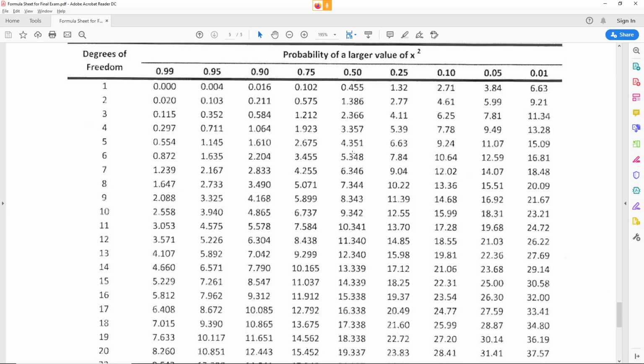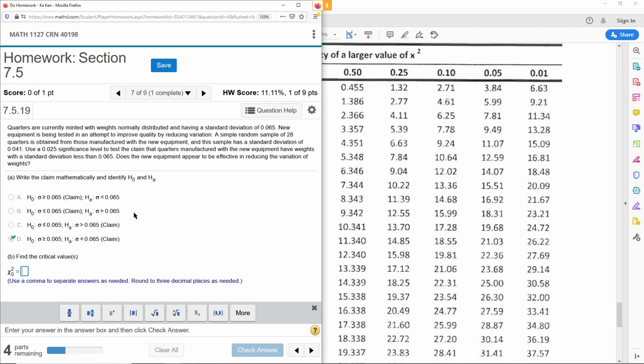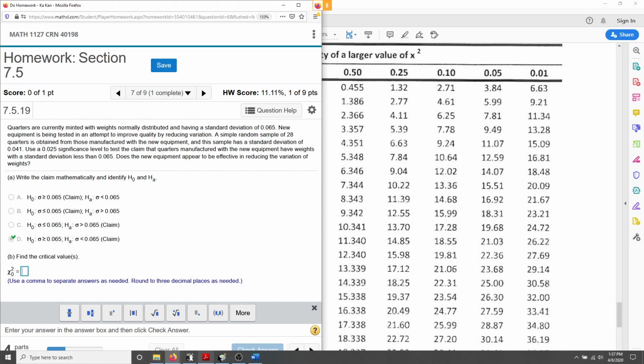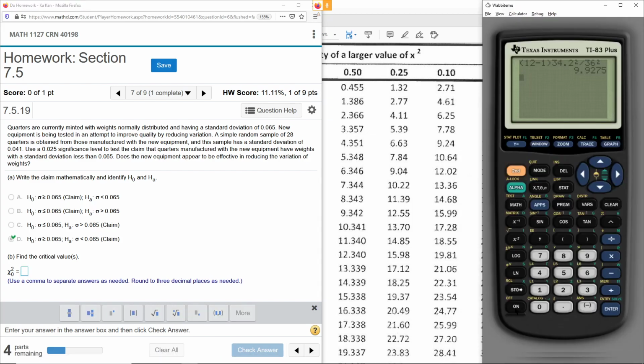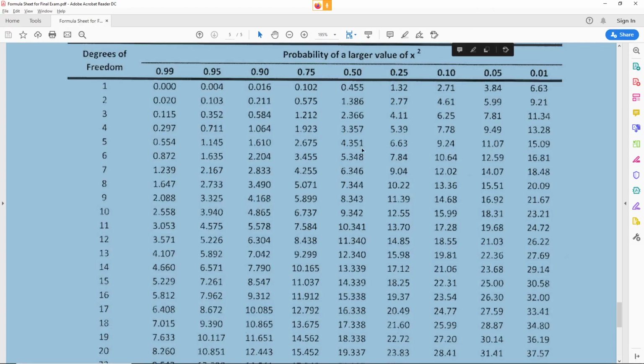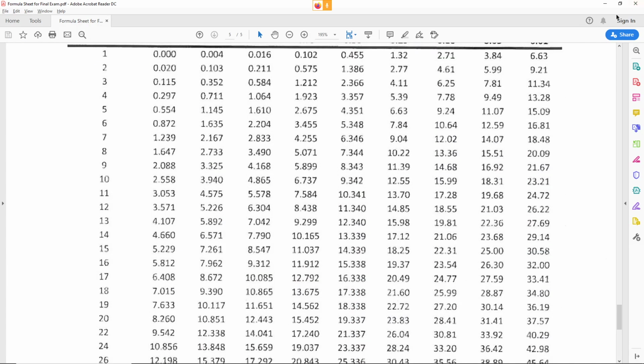My suggestion is just print it out and use that. Now let's say the significance level is 0.025, and this is a left tail, just like the last problem. So you have to subtract that from 1. So 1 minus 0.025, I have 0.975, right? Oh, you know what? They don't even have it here.